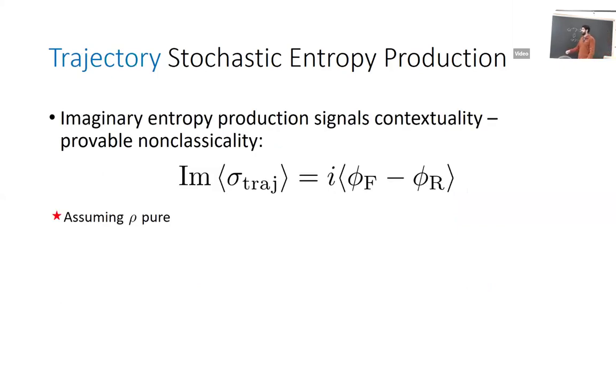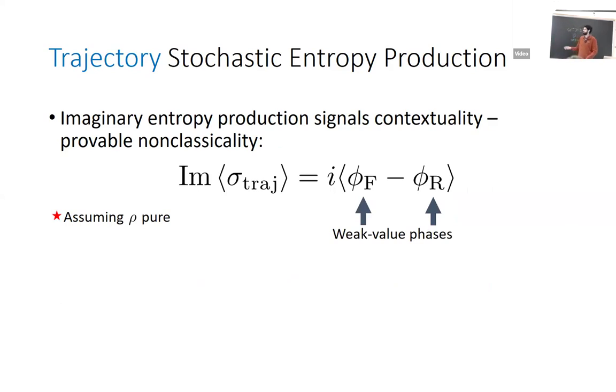And here again, we'll look at the average, but just the imaginary part of the average. What we find is that this imaginary part actually signals contextuality, which is a very strong, rigorous notion of non-classicality. So what are these phi f and phi r that show up on the right-hand side? These are weak value phases.